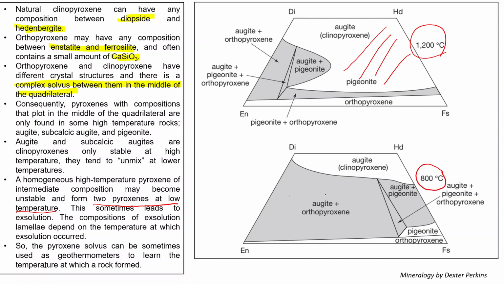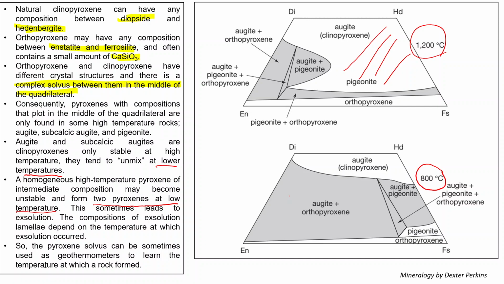So at lower temperature, the clinopyroxenes start to unmix. At low temperatures, the homogeneous high temperature pyroxene of intermediate composition becomes unstable.